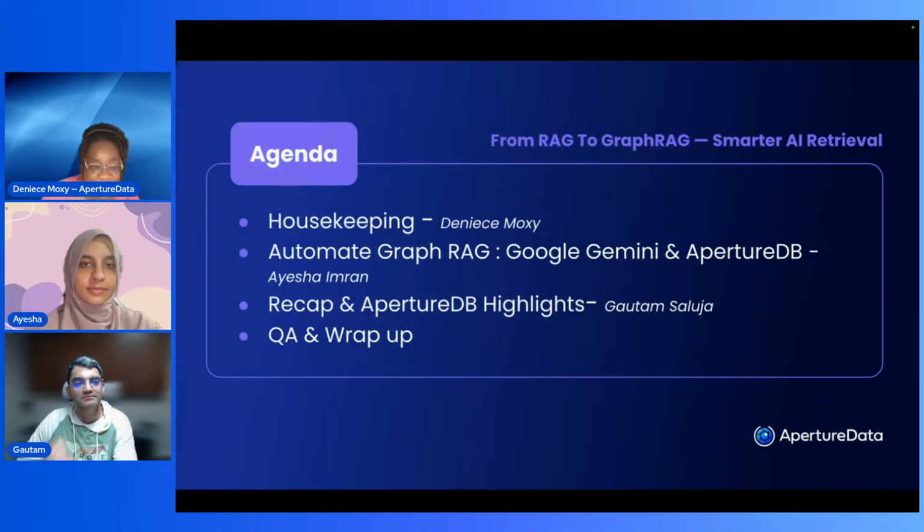Our first guest speaker is Ayesha Imran from Pakistan. So awesome. We have an international speaker. Ayesha is a recent grad from NED University in Pakistan. She's also a community member of Aperture Data.